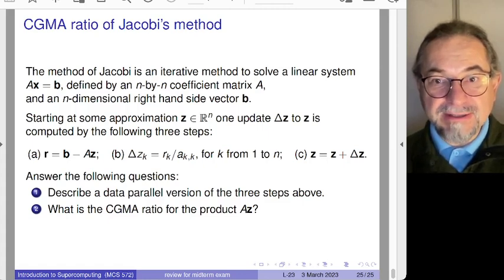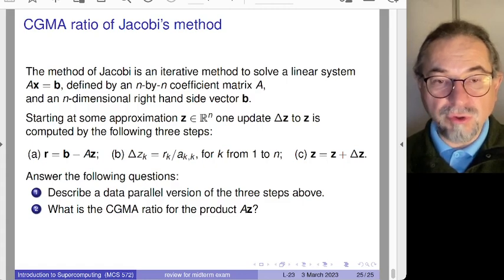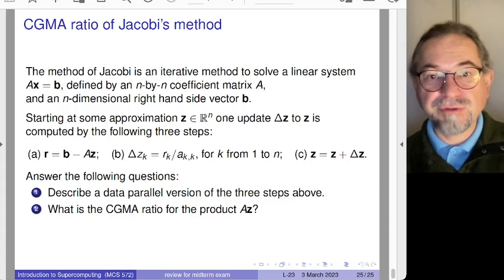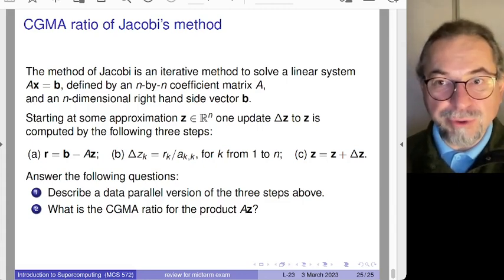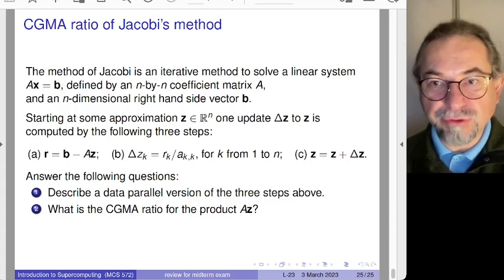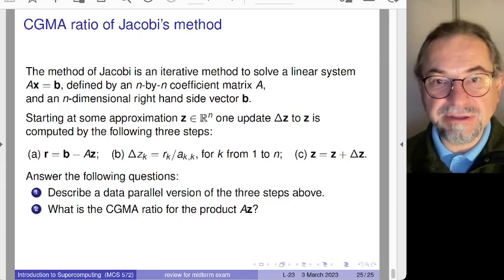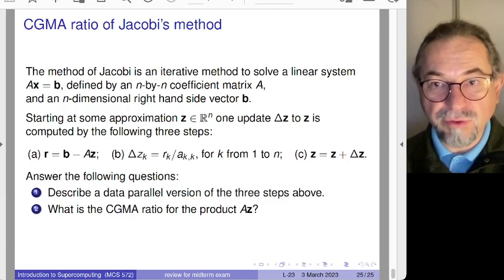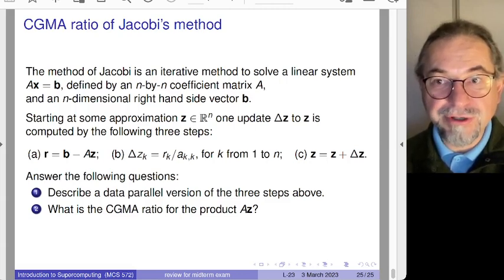And as far as the computations go, also that is essentially quadratic. So we are executing n inner products, and for one row in this inner product, you have n multiplications and n additions.